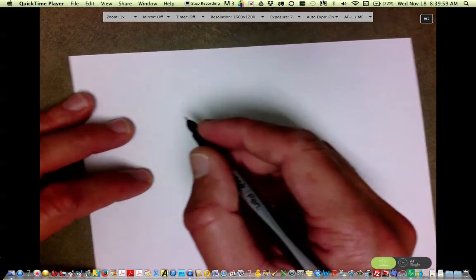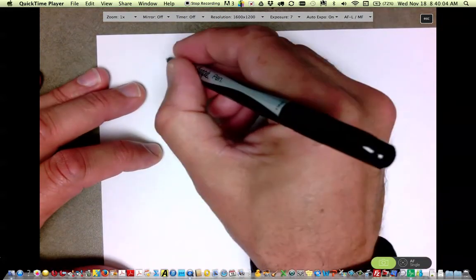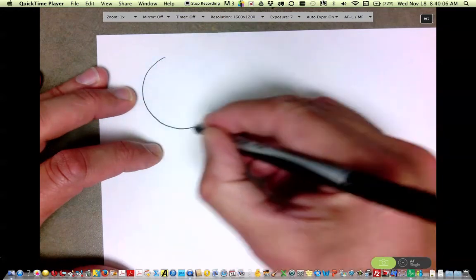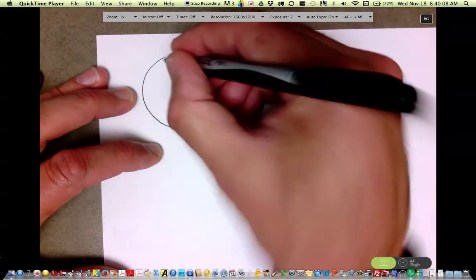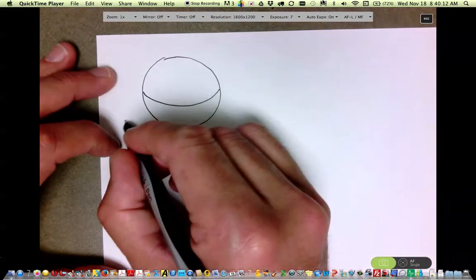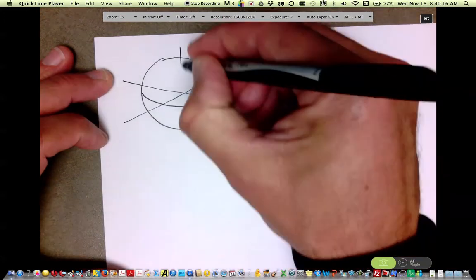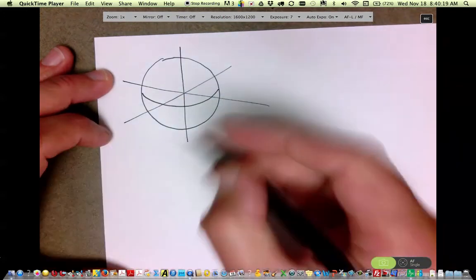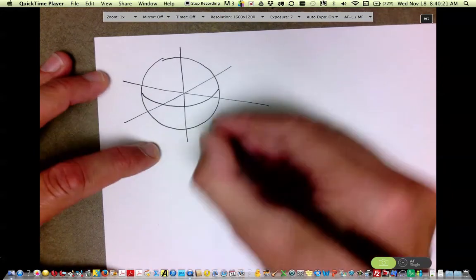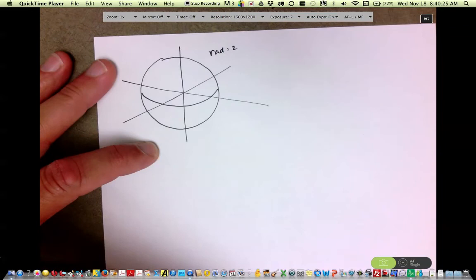Alright, so let's say that I have a sphere, and I want to find the flux over this sphere. Let's say that this sphere is a sphere of radius 2, centered at the origin.